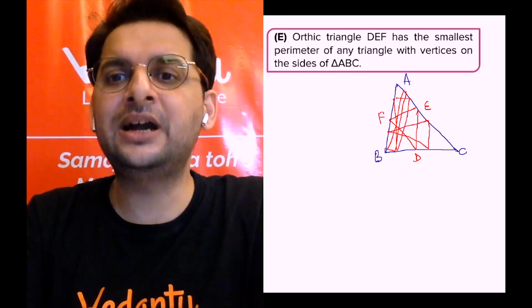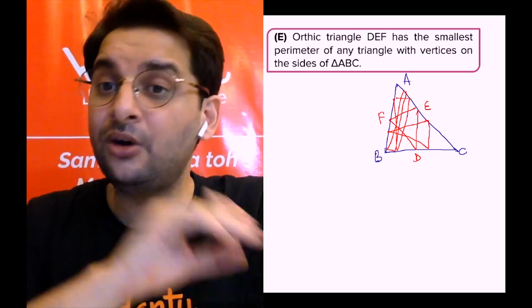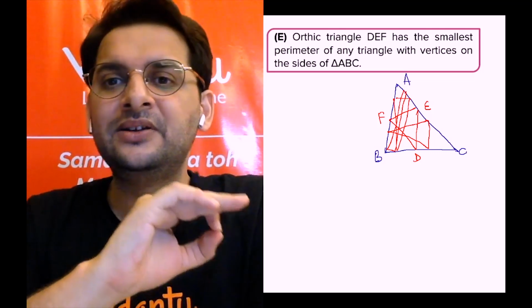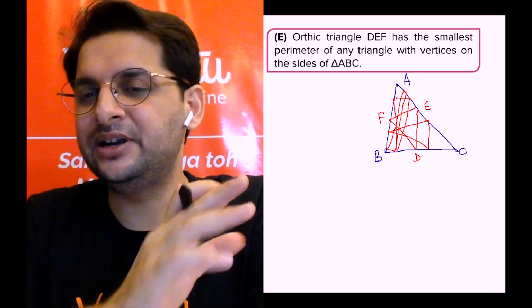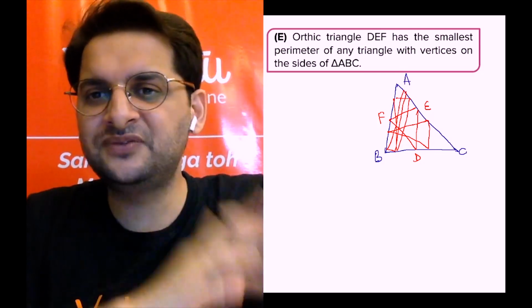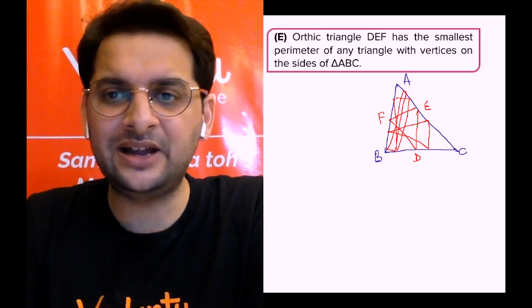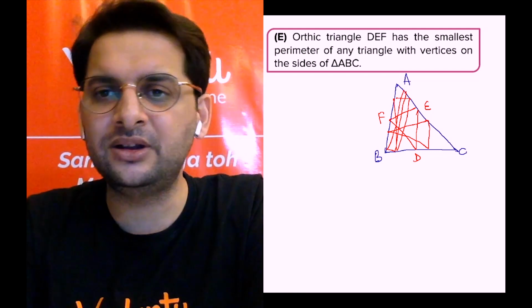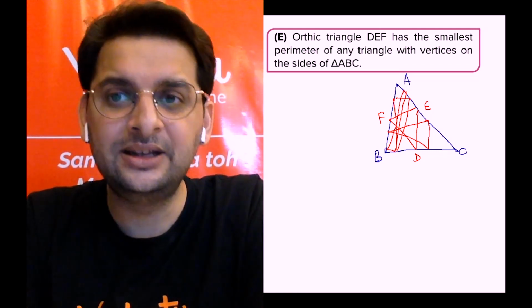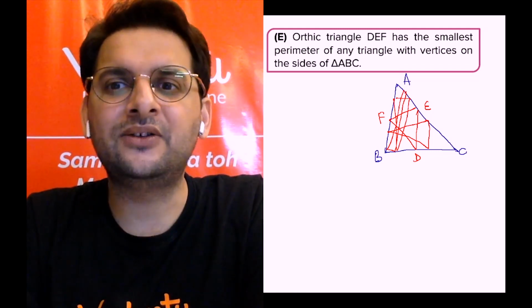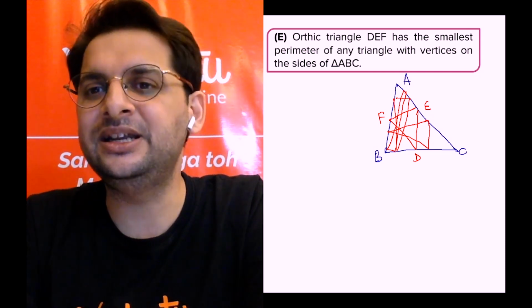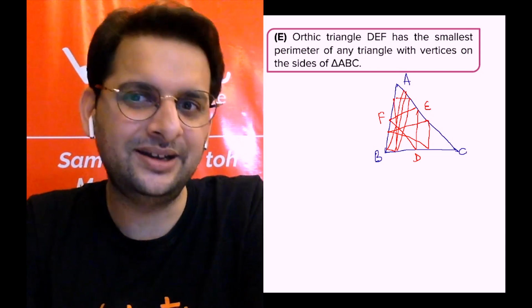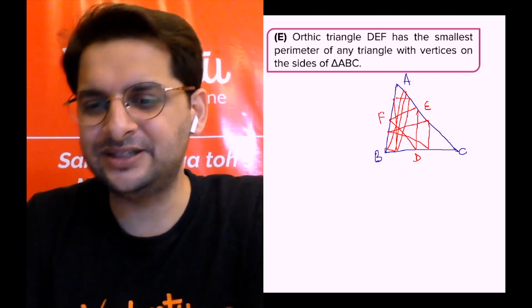We have to prove that of all these triangles, the orthic triangle is the one which has the minimum perimeter for a given triangle. So triangle ABC is fixed. There will be many such infinite triangles with points D, E, and F lying one point on each side. I have to prove that of all these triangles, the triangle DEF is the one with the least perimeter. Right? So how do I do this? This is very interesting, guys.